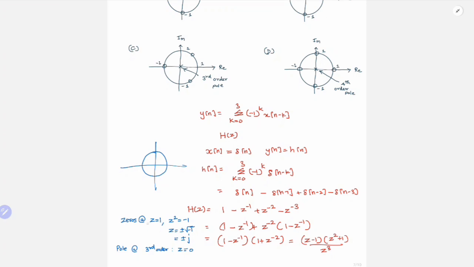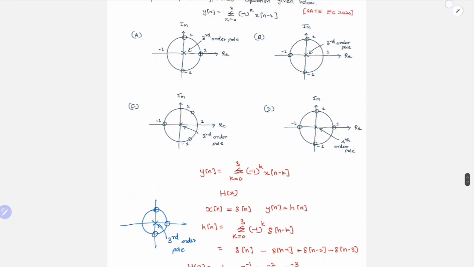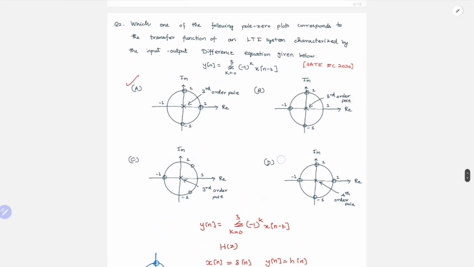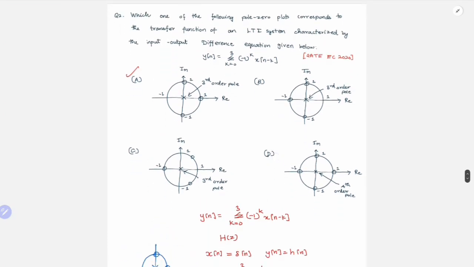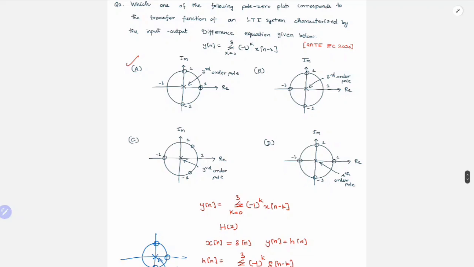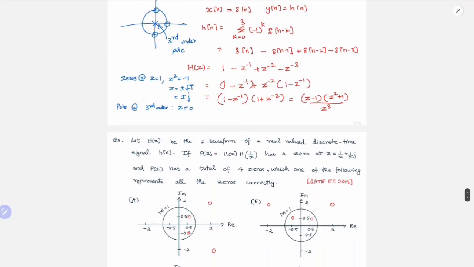We'll have 1 zero at 1, and 2 more zeros at plus minus j, and a third order pole at 0. So which is this? This is option A, right? So this is also straightforward. You are finding the pole zero plot of your transfer function.